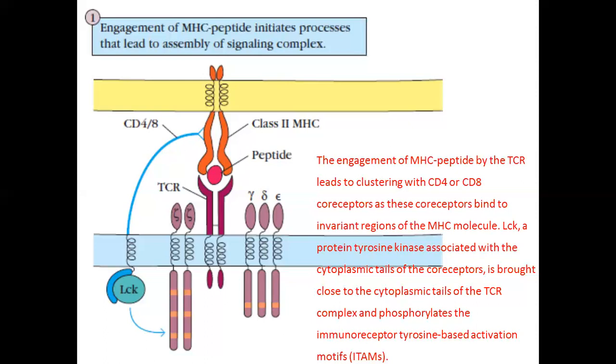So what is LCK? LCK is a protein tyrosine kinase associated with the cytoplasmic tails of the co-receptors. It is brought close to the cytoplasmic tails of the TCR complex and phosphorylates the immunoreceptor tyrosine-based activation motifs.